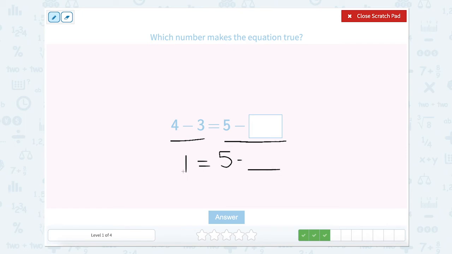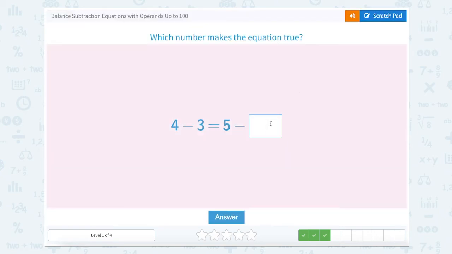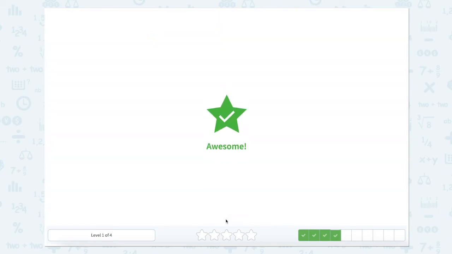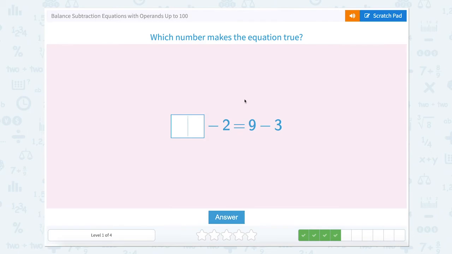Well, if I only want 1 left, I can also think of this as 5 minus 1 equals something, and 5 minus 1 equals 4. So 5 minus 4 would equal 1. So close our scratch pad, type in 4. Awesome.